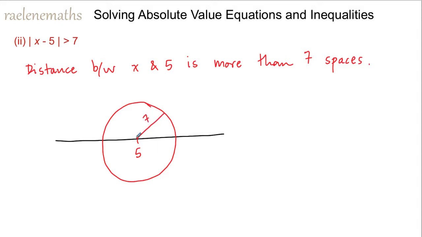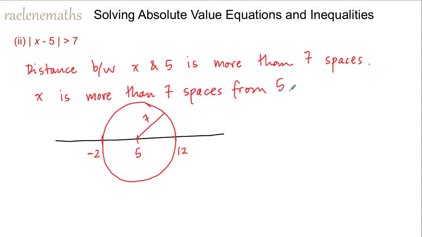still tells me that if I were an x-coordinate on the boundary of the circle, on the circumference, x would either be -2 or 12. I'm not going to put a solid point there. But in this statement here, we want x to be more than 7 spaces from 5.